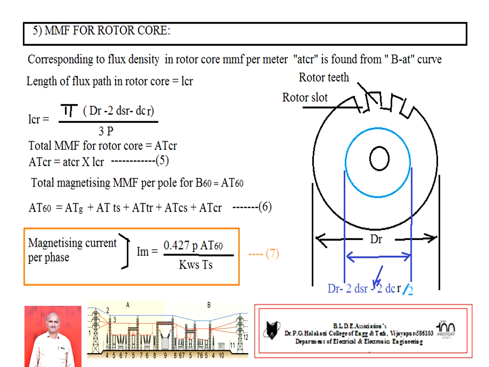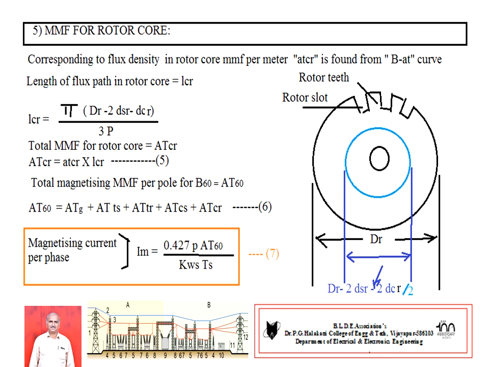So it is referred as AT60. AT60 equals ATG plus ATS plus ATR plus ATCS plus ATCR. Just symbols: mmf of air gap, mmf for stator teeth, mmf for rotor teeth, mmf for stator core, mmf of rotor core. Develop equation 6.